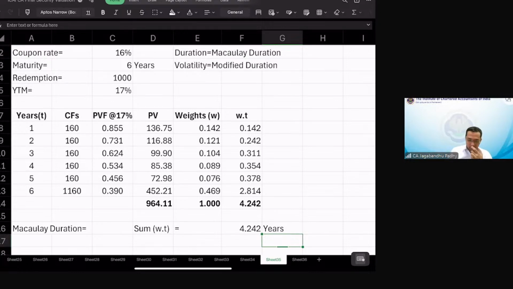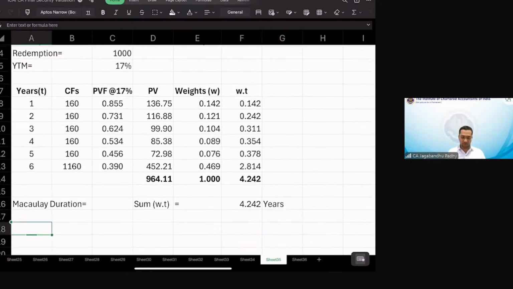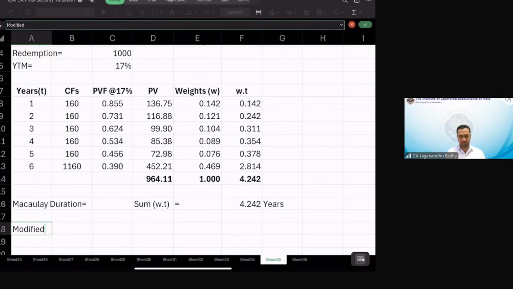Are we getting this Macaulay duration, everyone? 4.242. Just check. Macaulay duration 4.242. Remember, Macaulay duration will always be measured in number of years, whereas the modified duration will always be measured as times.